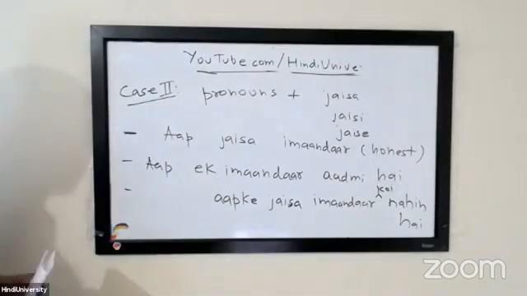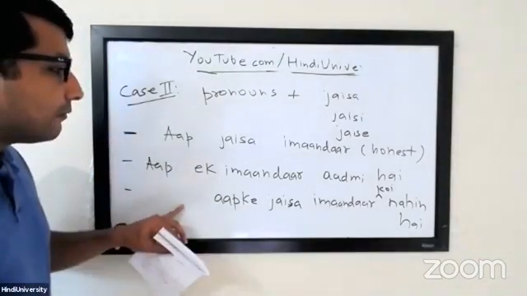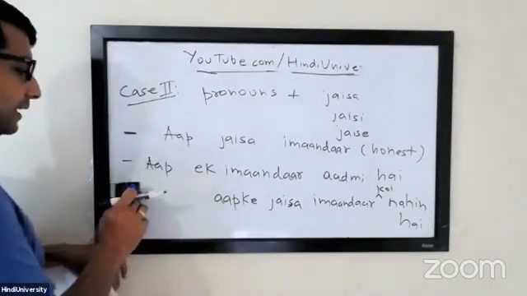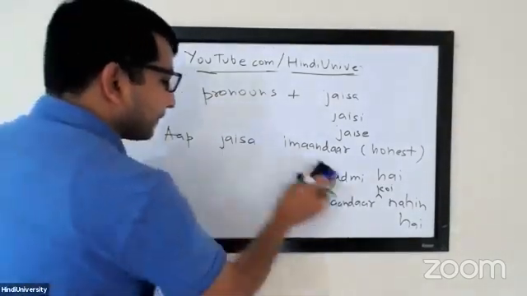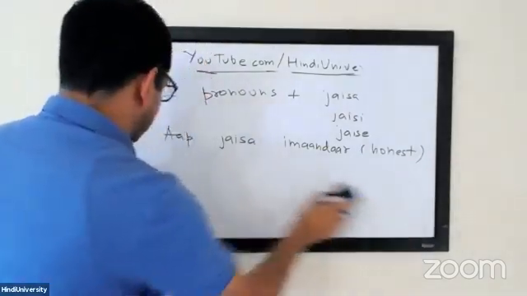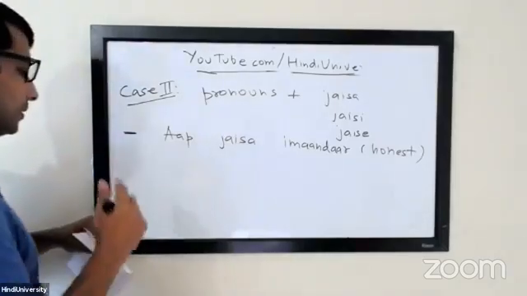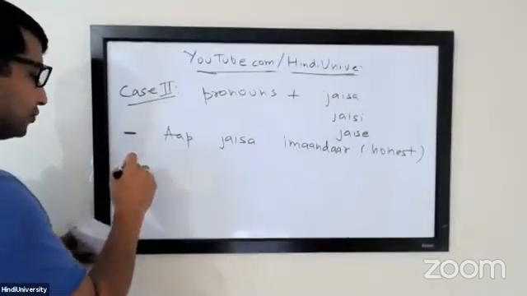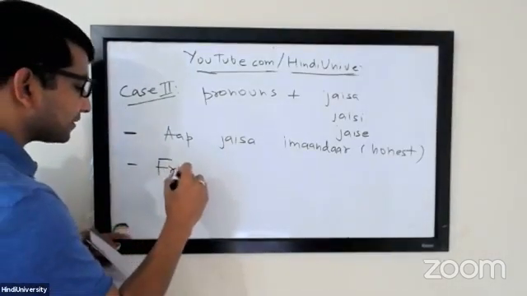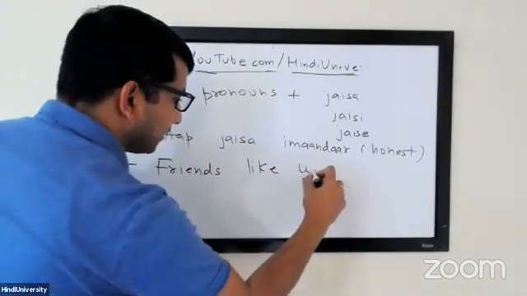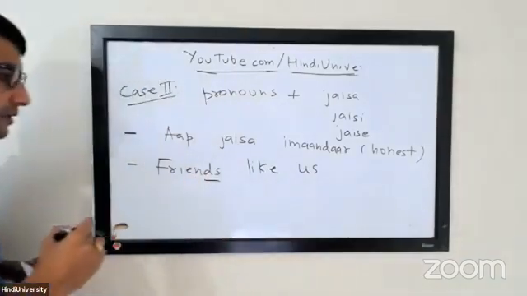I hope this is clear. We'll do more, so that even if you have some doubt, it will be clarified. Now back to the question that Tom asked: when do we use, for friends like us, masculine plural.